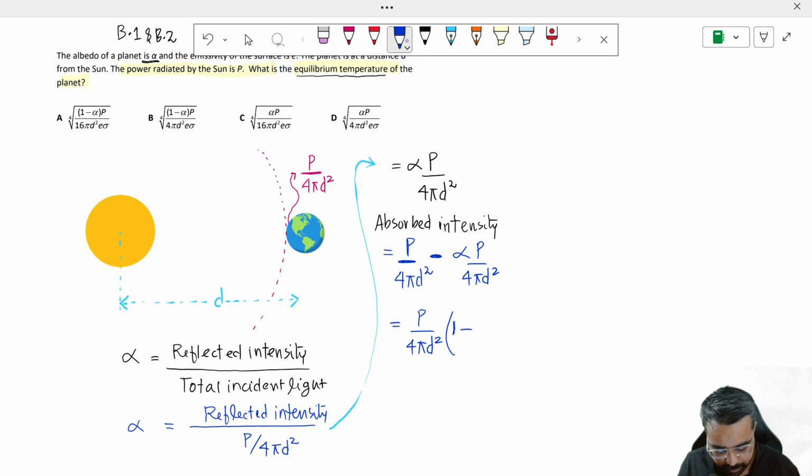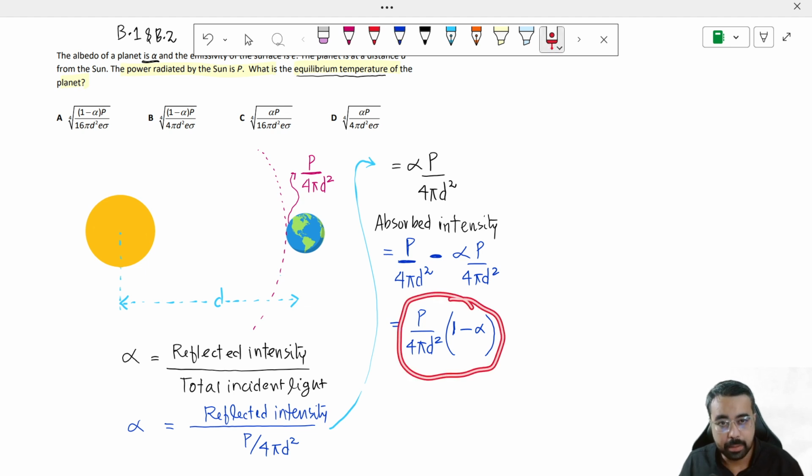So 1 minus alpha. Now here is one important point: this is the total amount of light that is hitting, but remember that it will not be completely absorbed due to the geometry of the Earth or any planet that is spherical. On average, 1/4 of the total area will absorb this light, and then it will make the temperature.